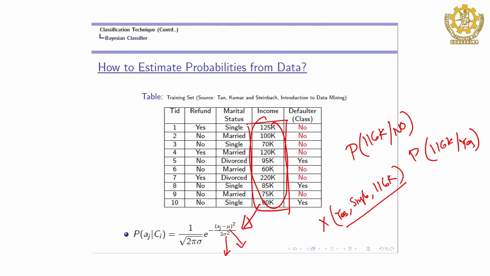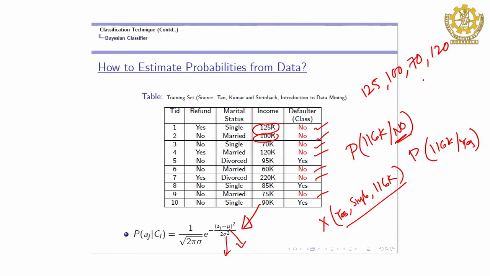So, therefore, we compute the mean and standard deviation not for the whole set of instances, because we have to compute it for each class. First we identify the class No. Here we compute for these values: 125, 100, 70k, 120, 60, 220 and 75.